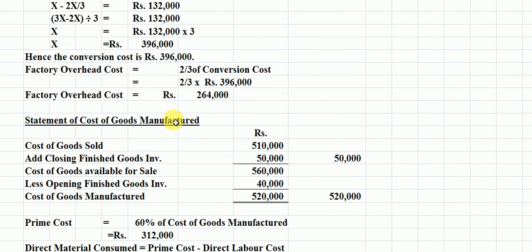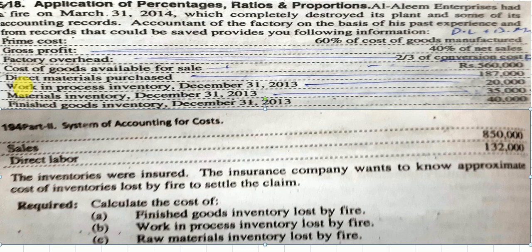Now we have to find out the cost of goods manufactured. The cost of goods sold is given as 5,10,000 rupees, and cost of goods available for sale is also given in the problem, 5,60,000 rupees.